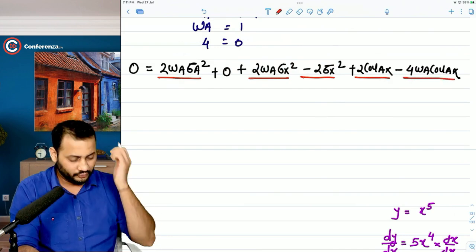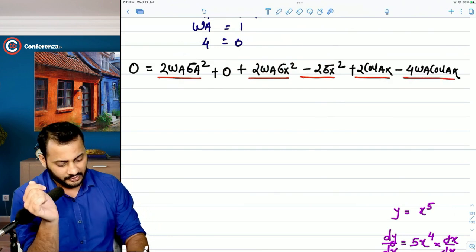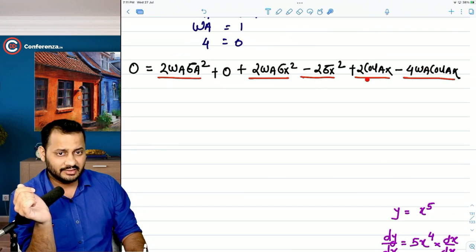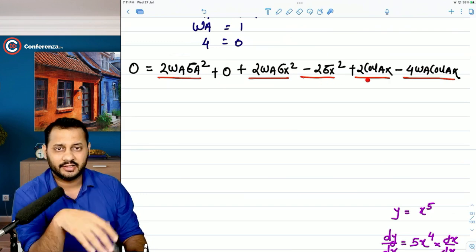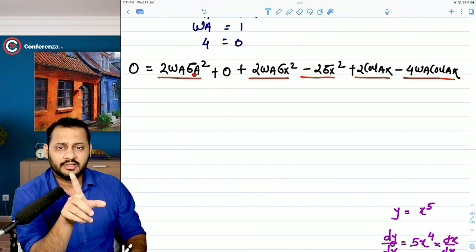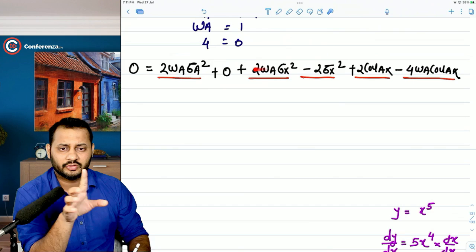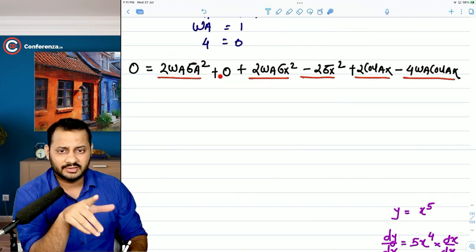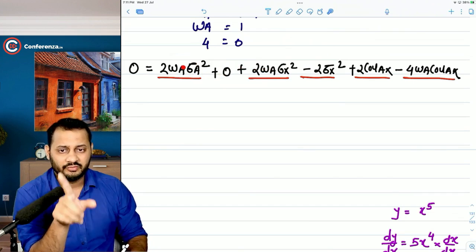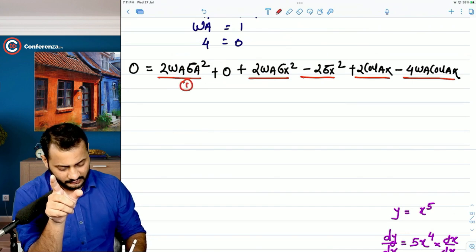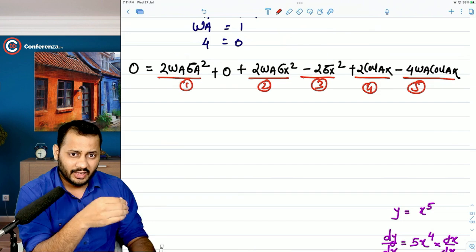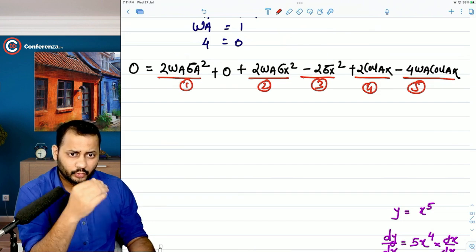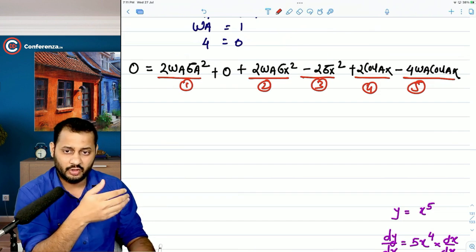Okay, let's do one process. Shift this one and this one on the left hand side. Sorry, there are only 5 terms, right? This is eliminated. 5 terms. This part, 1, 2, 3, 4 and 5. So take 1, 2 and 5 on the left hand side.